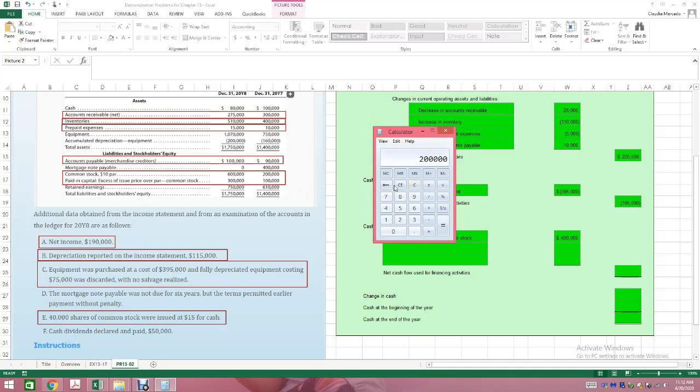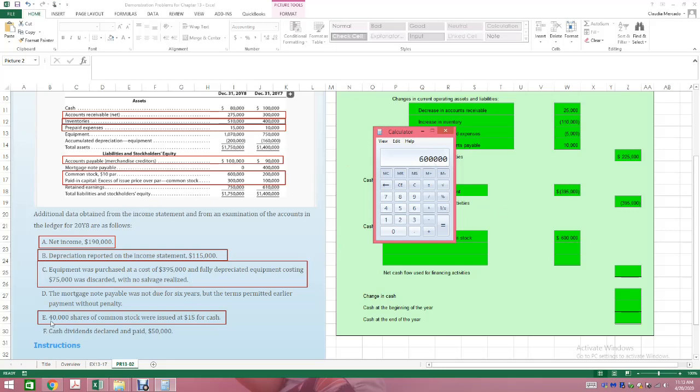So from 200 to 600, that was an increase of 400,000, and from 100 to 300,000, that's an increase of 200,000. That gives me 600,000, which is what we calculated.